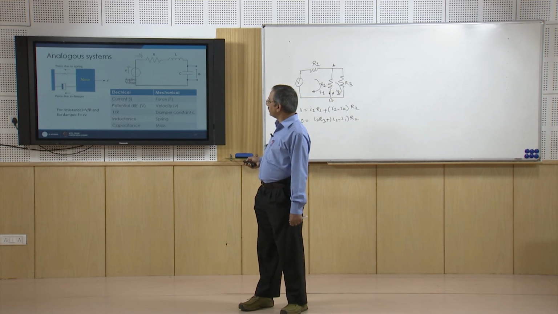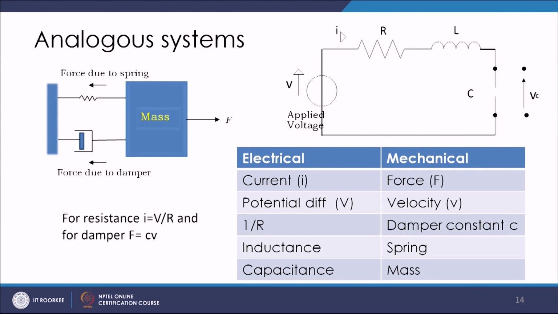The potential difference is analogous to velocity, 1 by R is analogous to the damping constant, and similarly inductance is analogous to spring and capacitance is analogous to mass in the mechanical system.